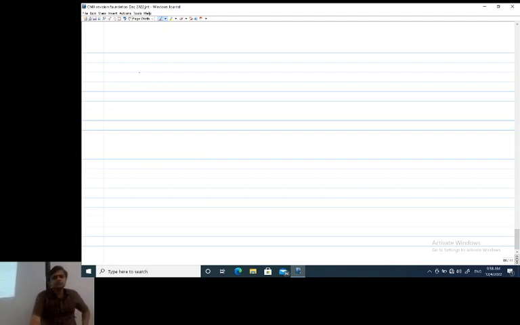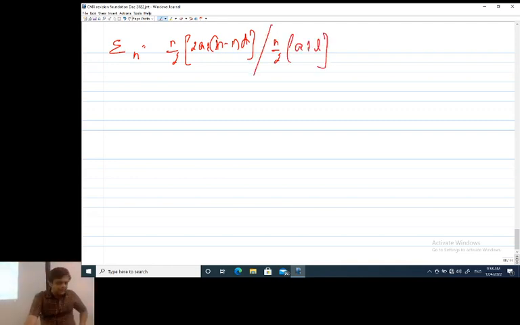Summation up to n terms is given by n by 2 into 2a plus n minus 1 into d, or n by 2 into a plus l. Here they have not given you up to n terms; they have given the last term n minus 1. So I would prefer to use the rule where only n is defined. If the last term is not known, you go to this side. If the last term is known, go ahead with the second version.